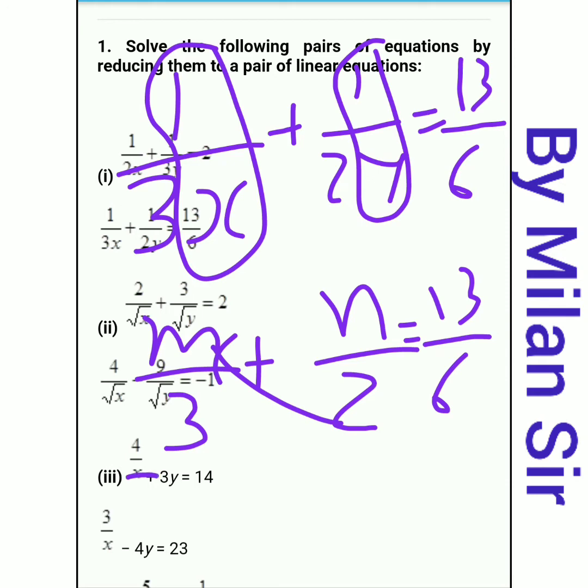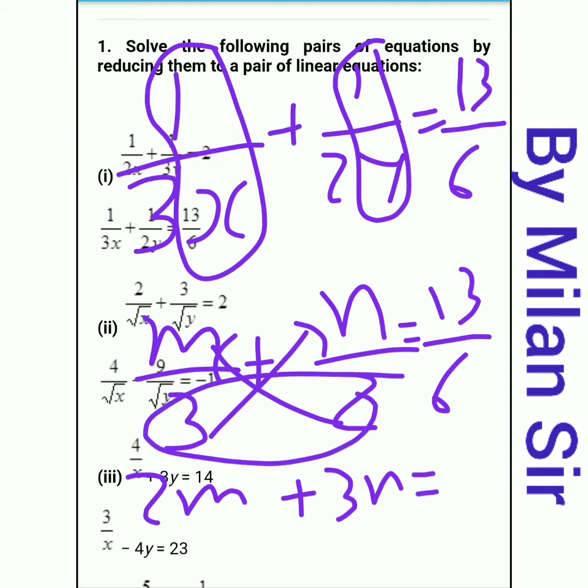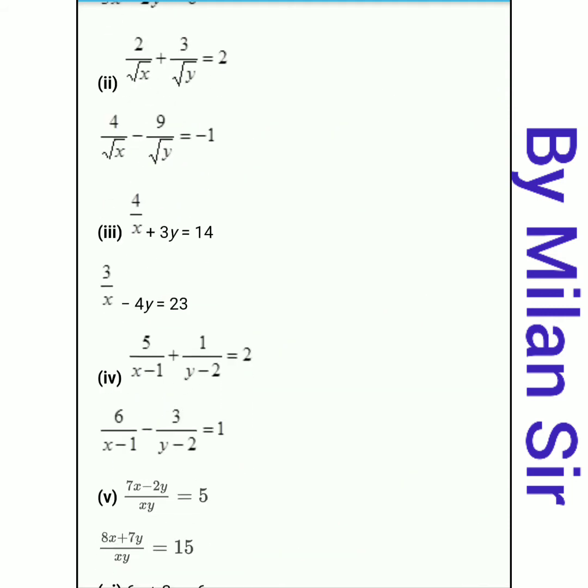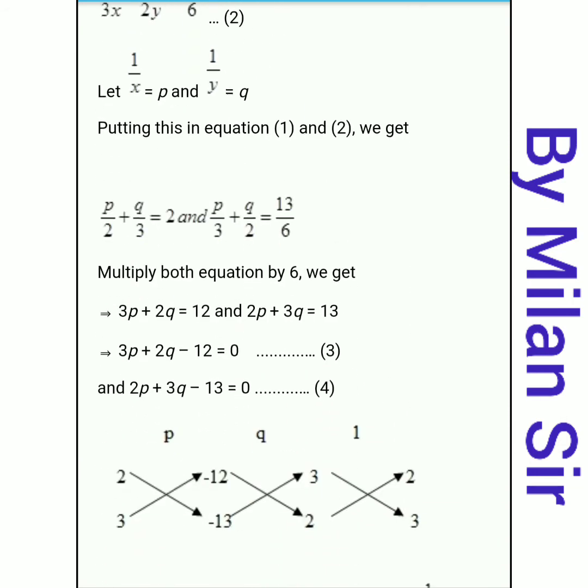So 2 goes with m, 2m, 3 goes with n, 3n, is equal to 13, because the LCM is 6 and the right-hand side already has denominator 6, so we do not need to multiply 13 by 6. This is our equation number 4. So our two equations are ready: equation number 3 and equation number 4.